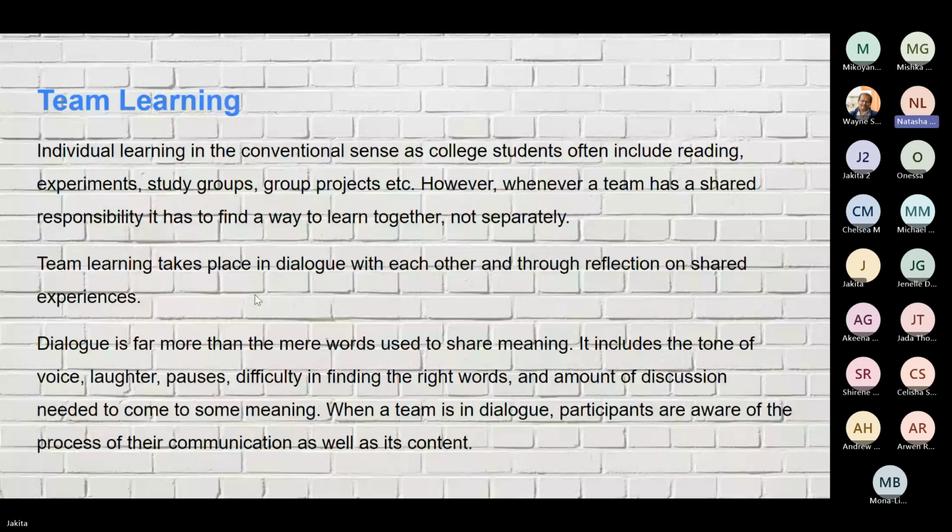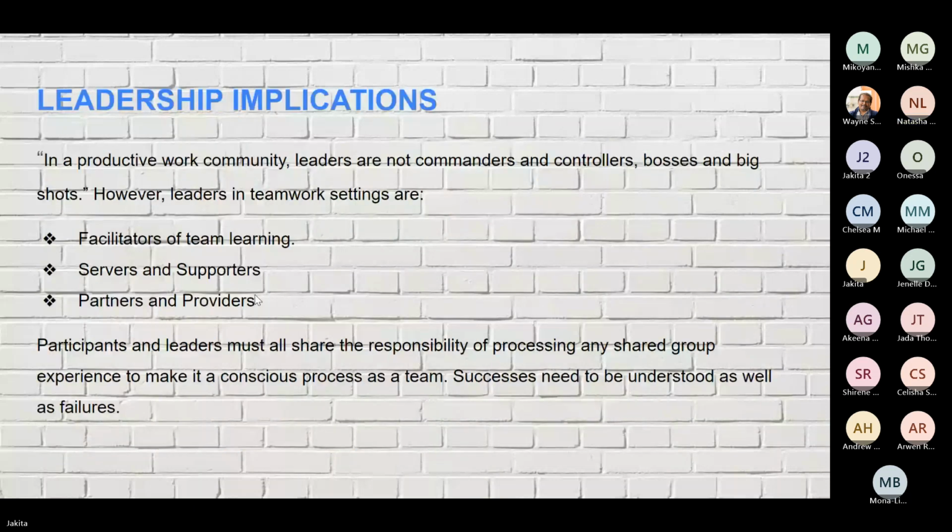So let's look now at the leadership implications within the group dynamics. In a productive work community, leaders are not commanders and controllers, bosses and big shots.